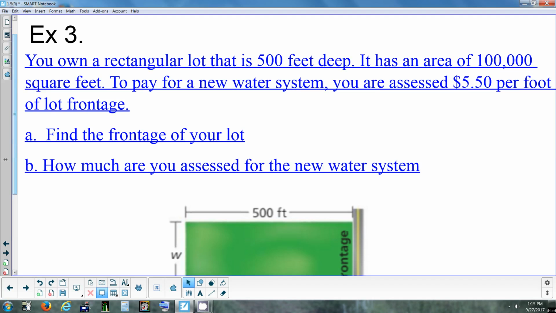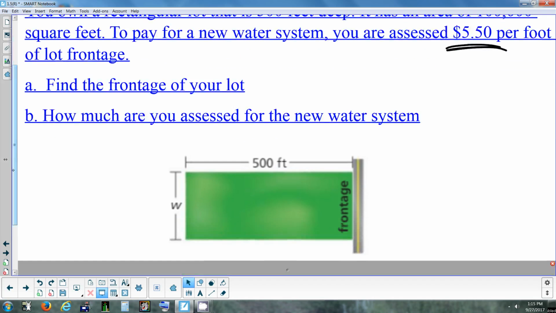And depending on how much land you own, you have to pay a fee in order to put in a new water system. So first, find out how much land you own. It's 1,000 feet along the front. So let's just read.